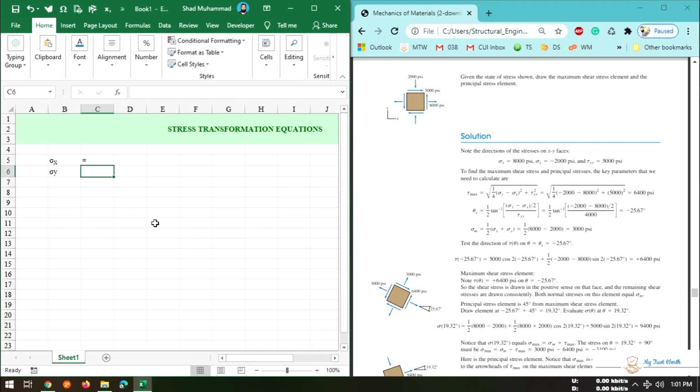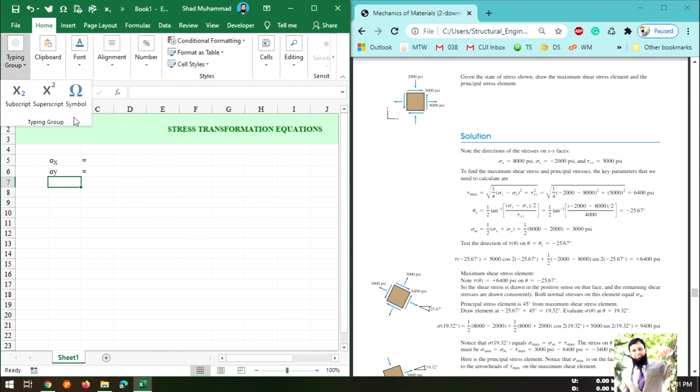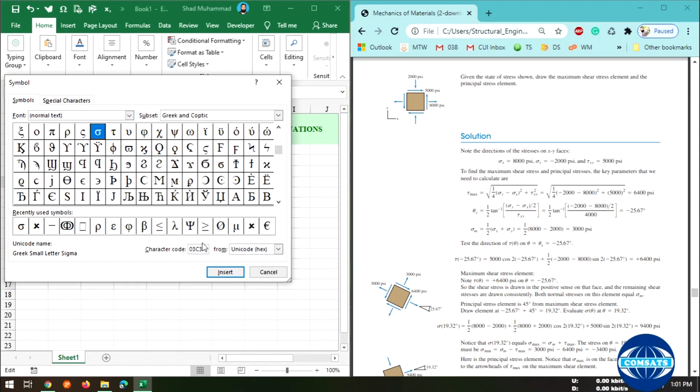Okay, this is y, and this is equal to, and similarly you will have tau xy. How are you going to have tau? Tau you are going to represent with tau. You have to look over here.